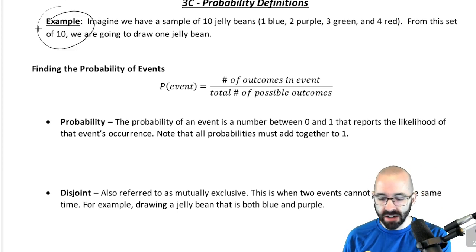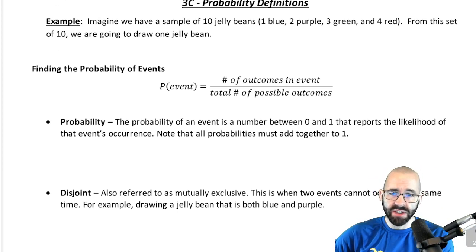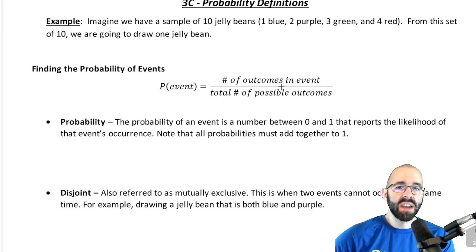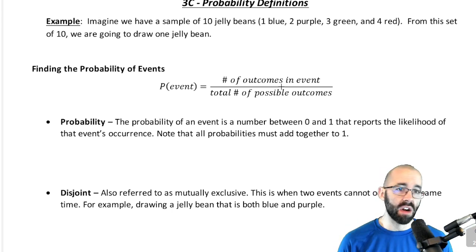Okay, and the setting for these definitions is this example where we have a sample of 10 jelly beans of different colors, and we're going to draw one random jelly bean.